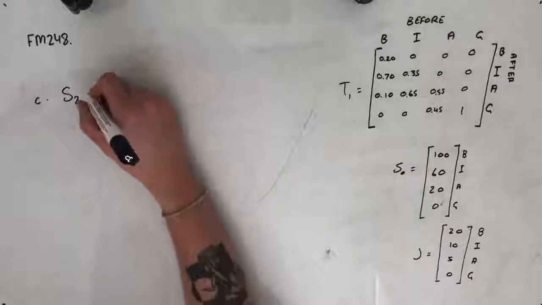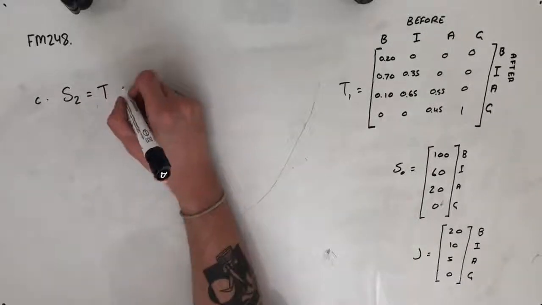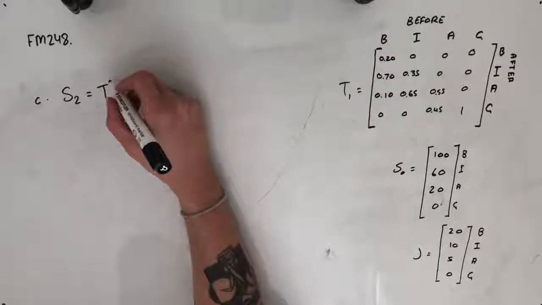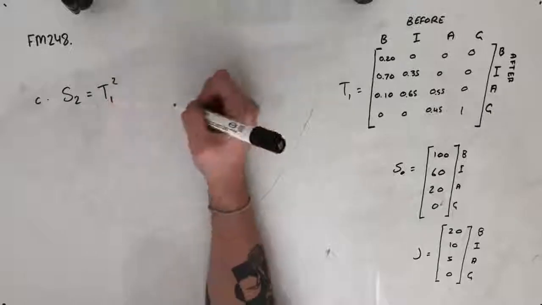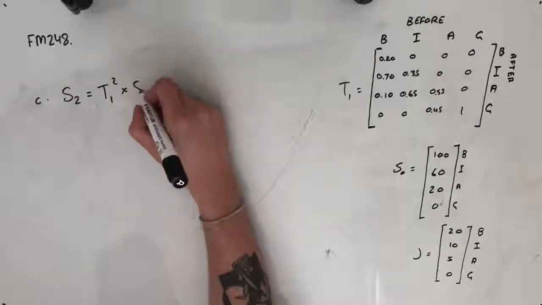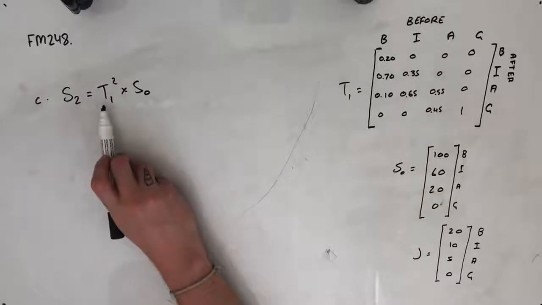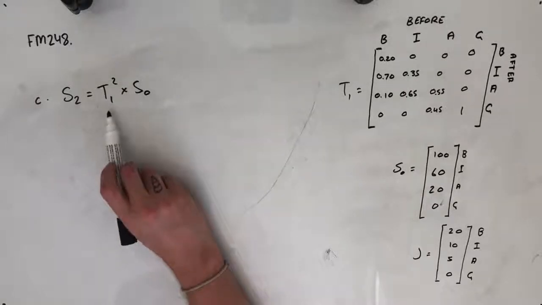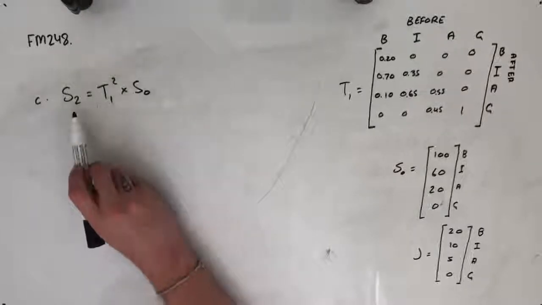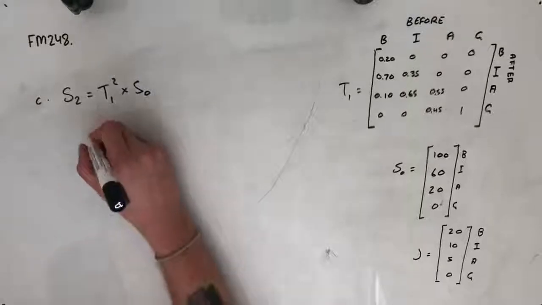Now this question is made a little bit easier because we're not having to add matrices, we're just multiplying transition matrices with state matrices, so we can actually take this transition matrix and take it to the power of 2 times that by our S0 and we'll get a value of S2, rather than just timesing it by the transition matrix once. We times it by the transition matrix twice to take us to the second state instead of the first state.